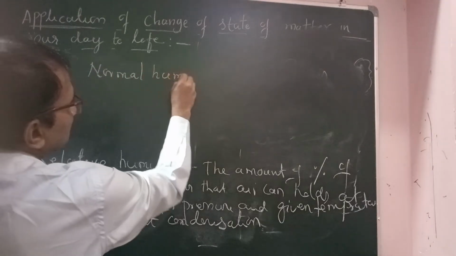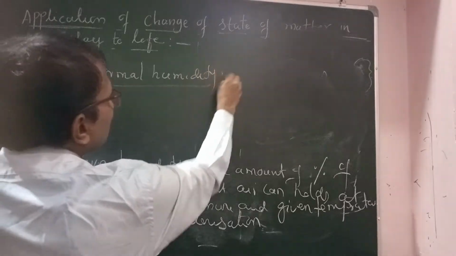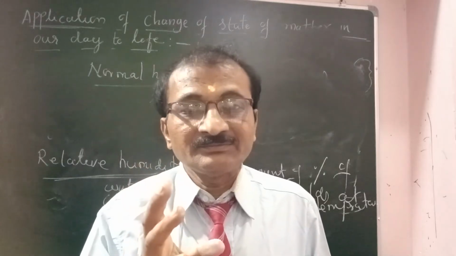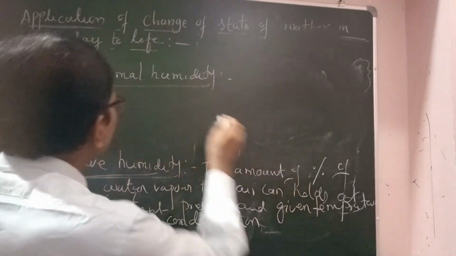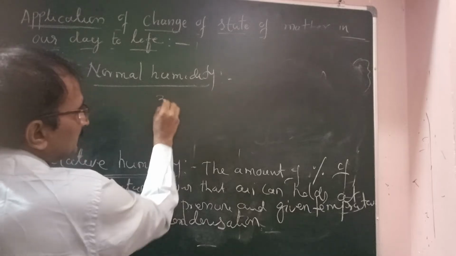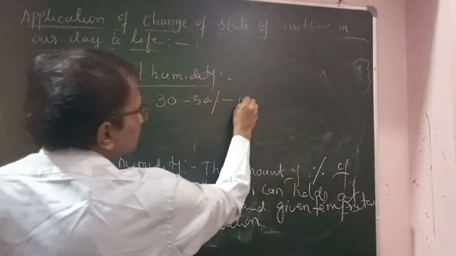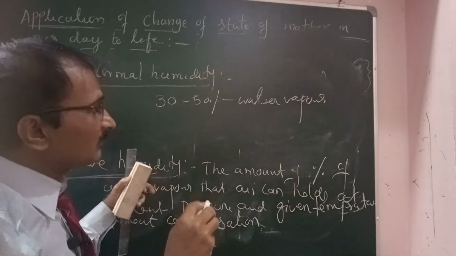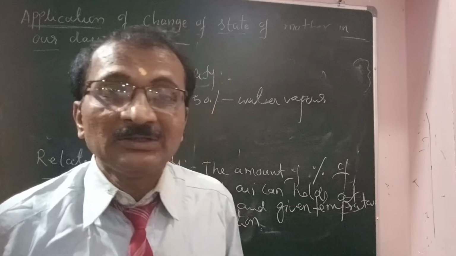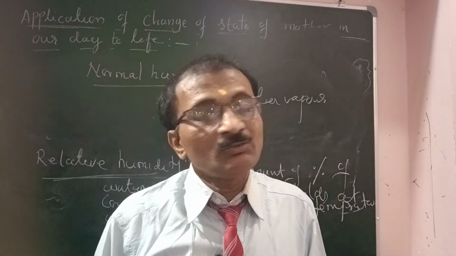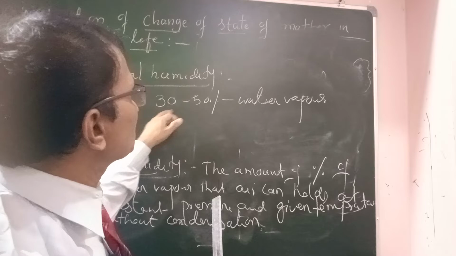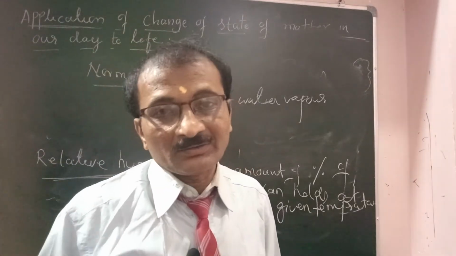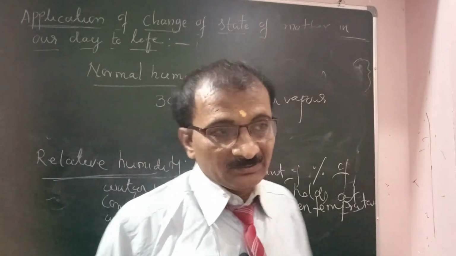Normal humidity means if air holds about 30 to 50% of water vapor, then we call this normal humidity. It is the best humidity for human beings. If the air contains this much water vapor content, we cannot feel much heat.